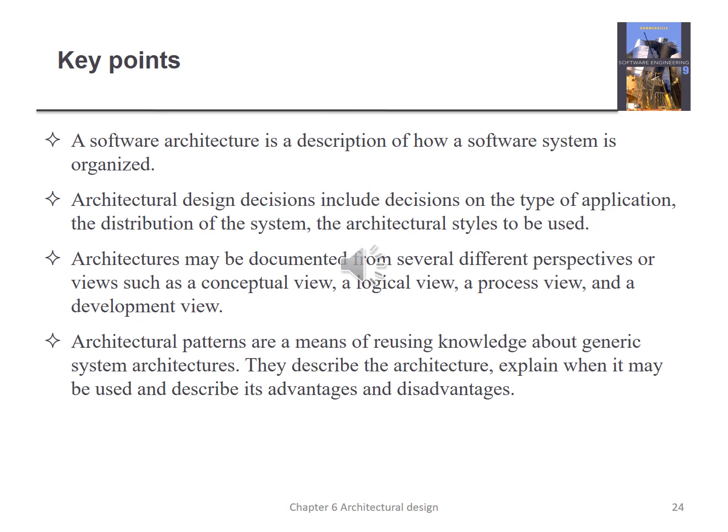Architectures may be documented from several different perspectives or views: conceptual view, logical view, process view, and development view. Architecture patterns are a means of reusing knowledge about generic system architectures. They describe the architecture, explain when it may be used, and describe its advantages and disadvantages.